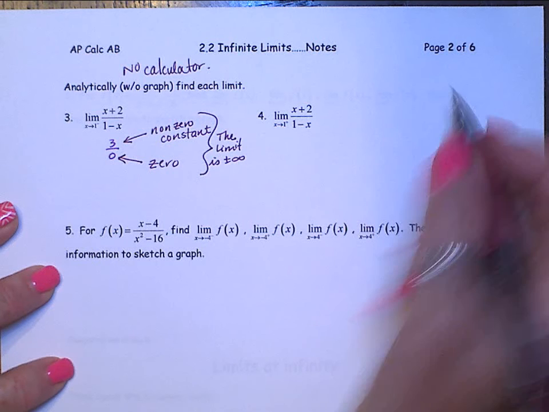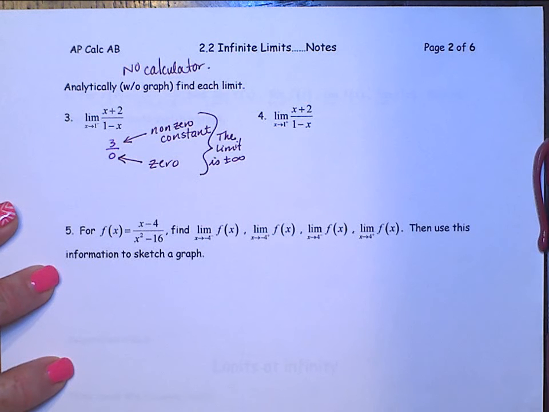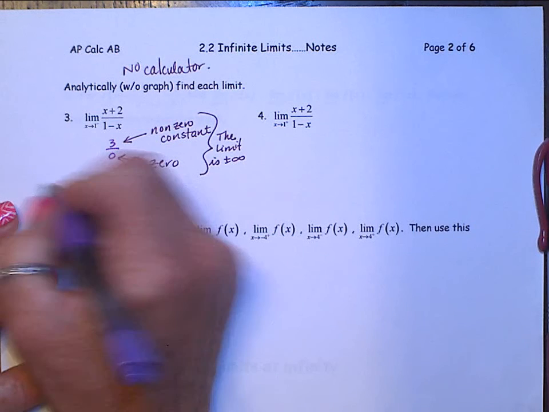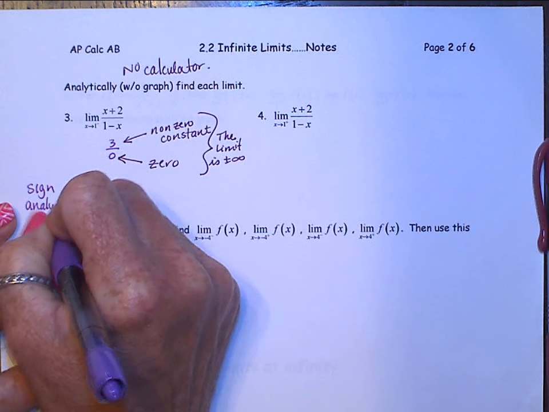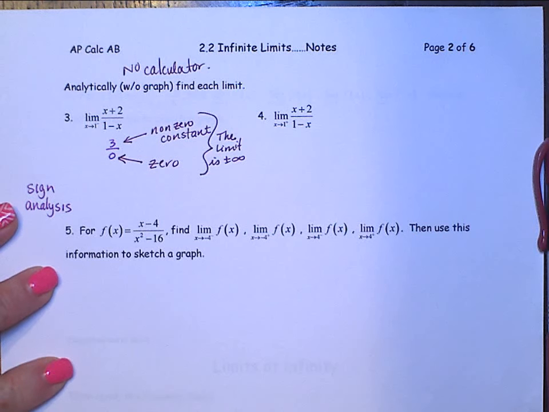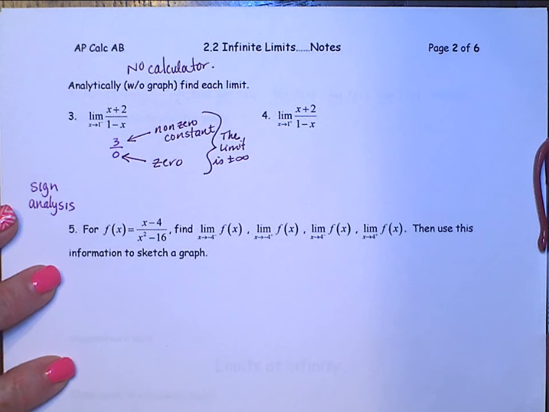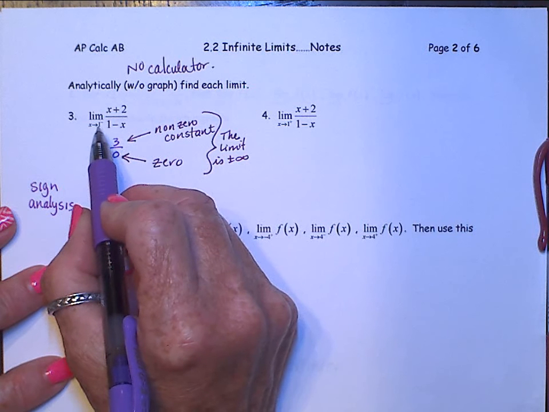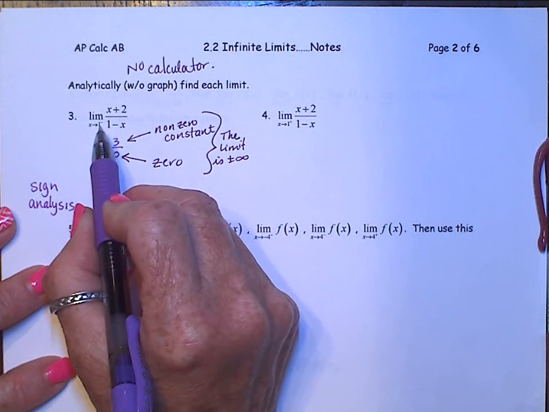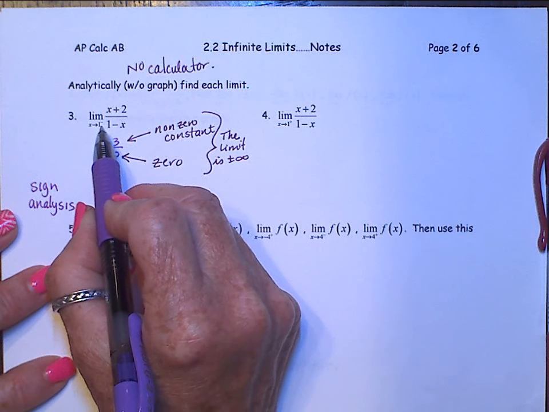And you need to do something called a sign analysis to figure out whether it's positive infinity or negative infinity. So what we do is we take, this is 1 from the left, that's a tiny bit smaller than 1. Something smaller than 1 like 0.99999.